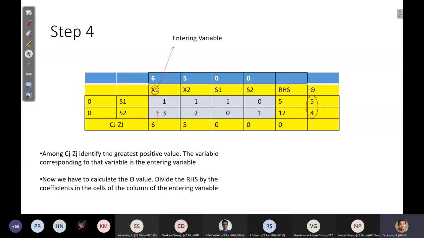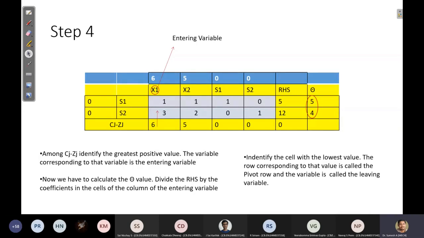How S1 becomes key row? S2, sir. Yes, S2 is the key row. Correct. Identify the cell with the lowest value.